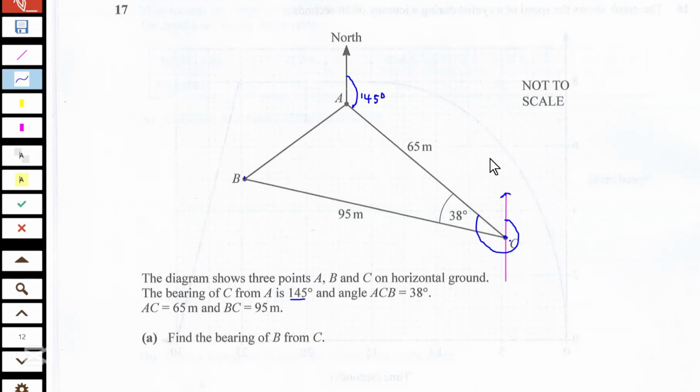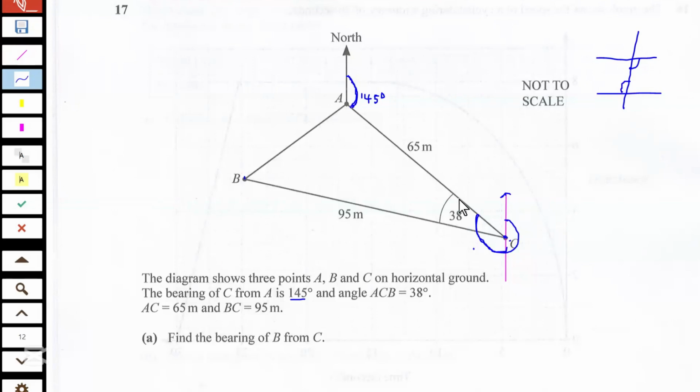Now, consider these lines parallel. Then it means this angle will be alternate to this angle, just like having a parallel line. And we say the angles are alternate angles.